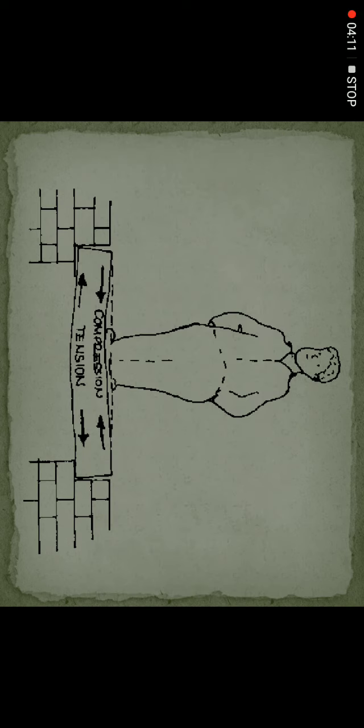The fiber in the top, above the neutral axis, moves towards each other. It is called compression. Then the fiber in the bottom, below the neutral axis, moves away from each other. It is called tension.